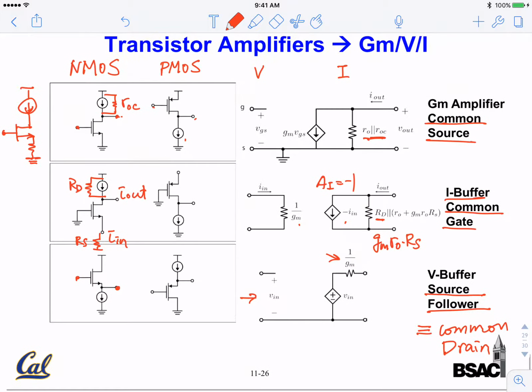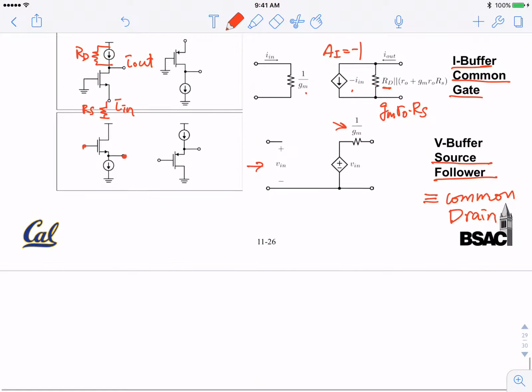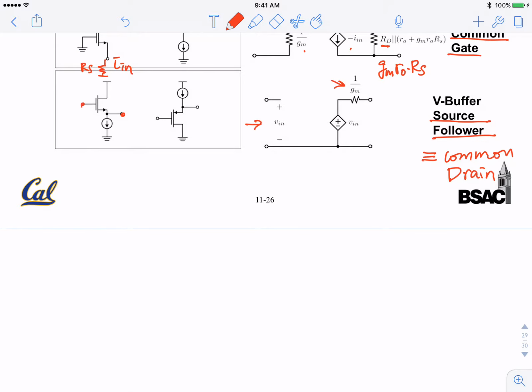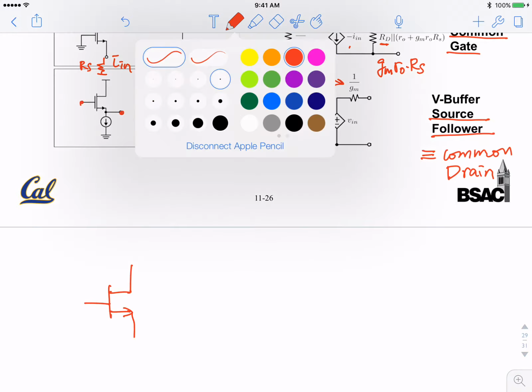Okay, any question about the summary? This is a very useful summary. I'm going to give you an intuitive feeling for how you look into the terminals. So here we have a FET.